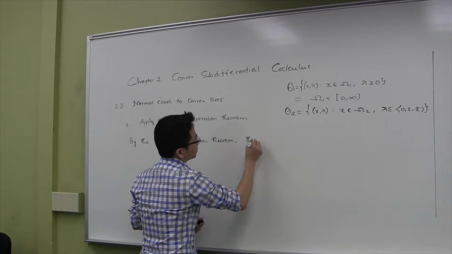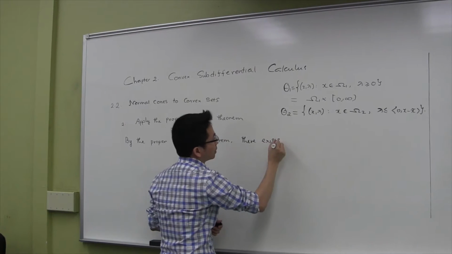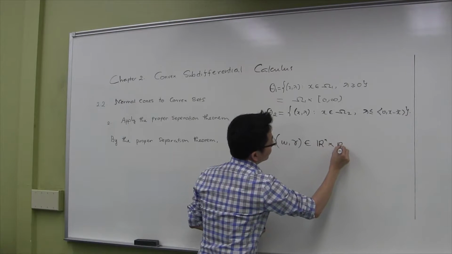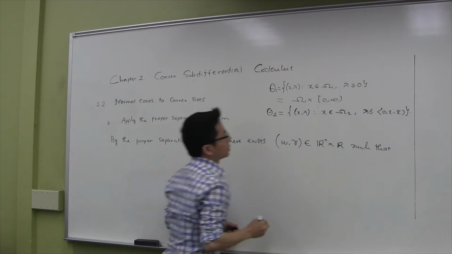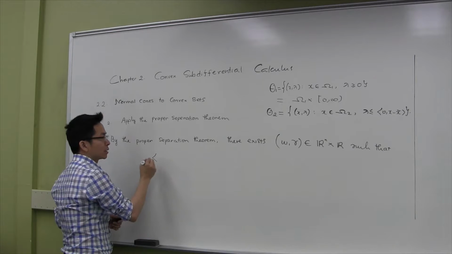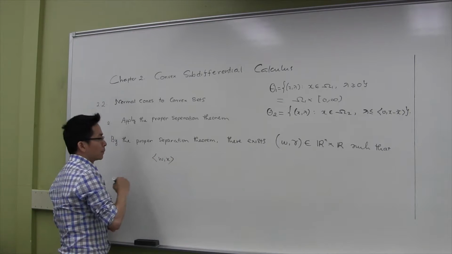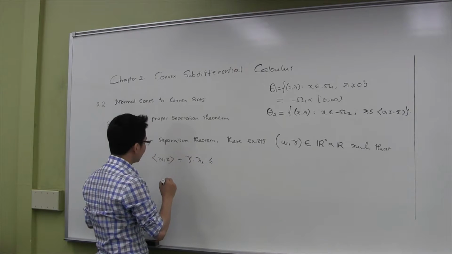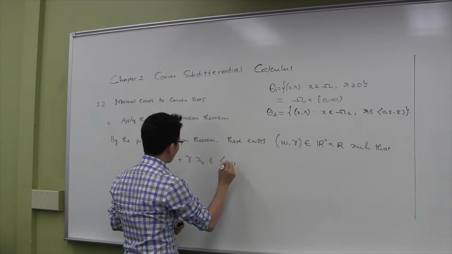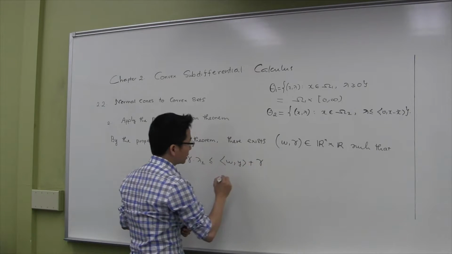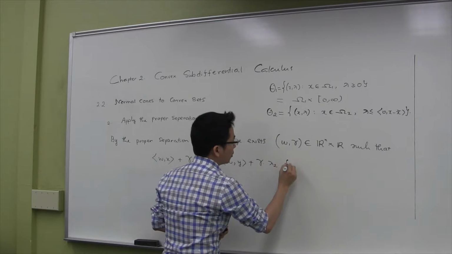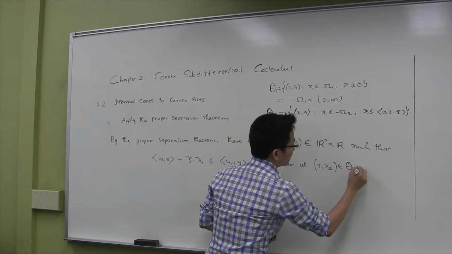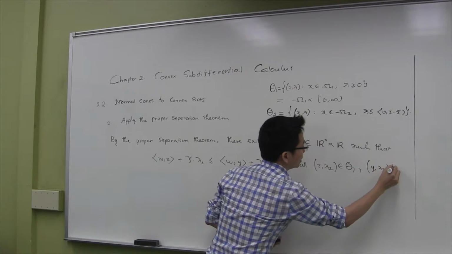There exists an element (w, gamma) in Rn times R such that the inner product of w and x plus gamma times lambda 1 is always less than or equal to the inner product of w and y plus gamma times lambda 2 for all (x, lambda 1) in theta 1 and (y, lambda 2) in theta 2.